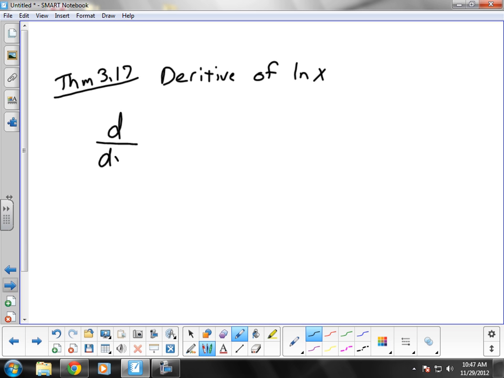So the derivative of the ln of x with respect to x: if I'm taking the derivative of the ln of x, what I get is 1 over x, as long as x is greater than 0.